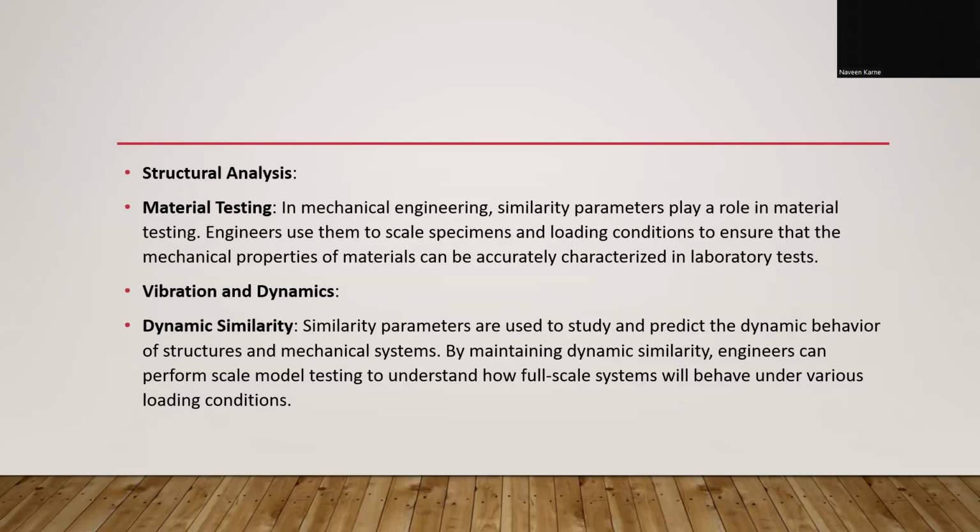By using Reynolds number, we can simulate both with the model and prototype parameters. Acceleration also comes in the kinematic similarity. By using the acceleration of a prototype or a model, we can find out the acceleration of a model or prototype. And thank you.